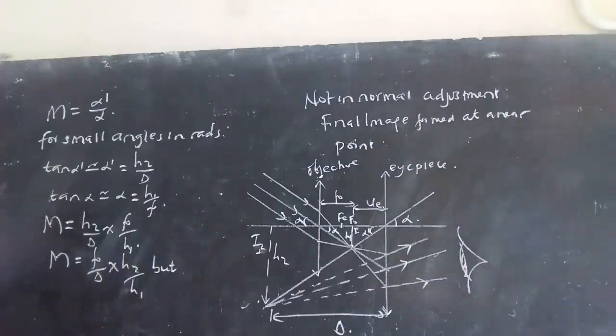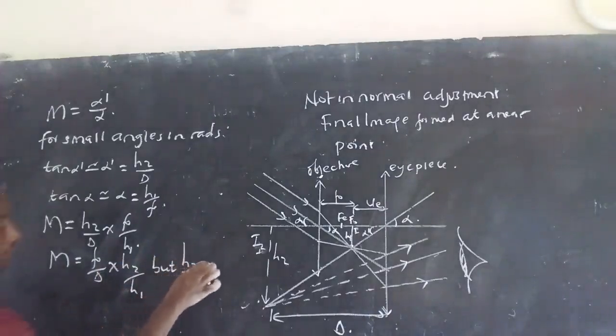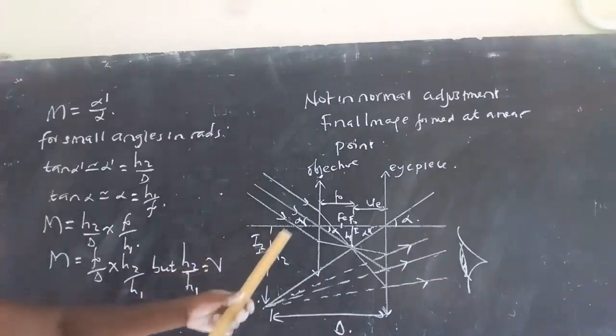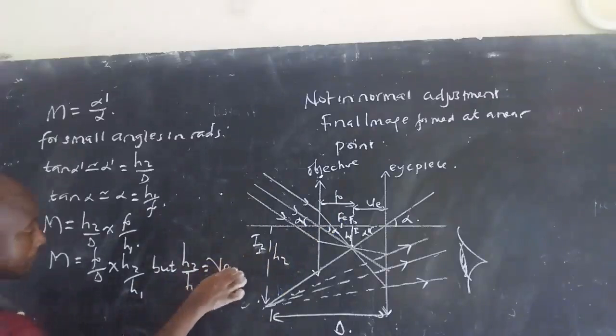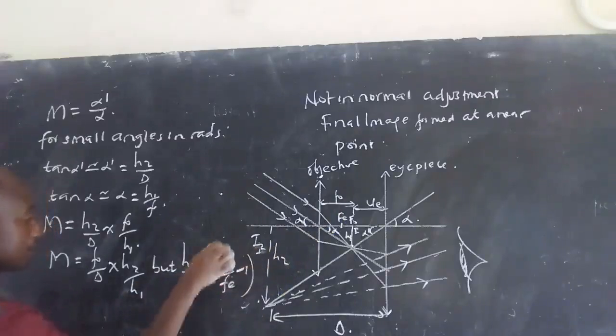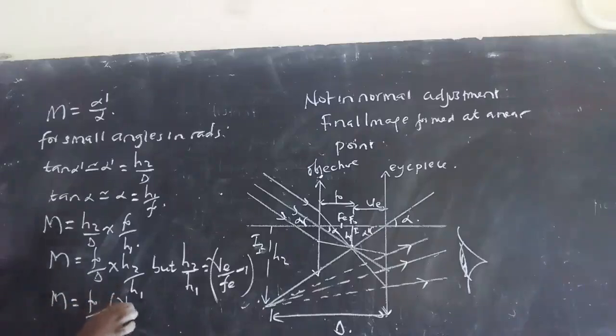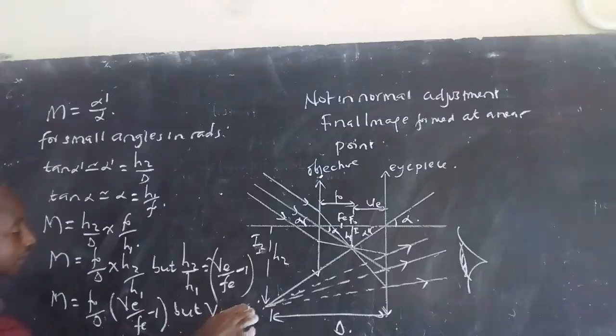But we know very well that H2 over H1 is equal to the magnification of the eyepiece. So that is VE over FE minus 1. So we substitute. Magnifying power will become F0 over D into VE over FE minus 1. But VE is equal to negative what?